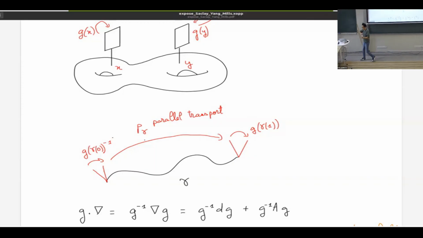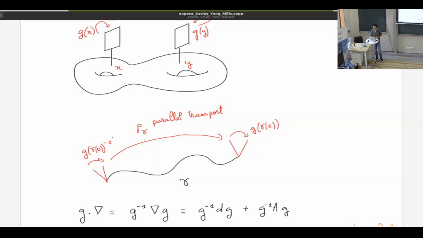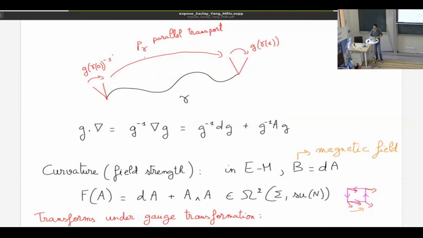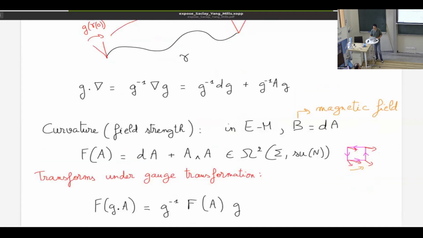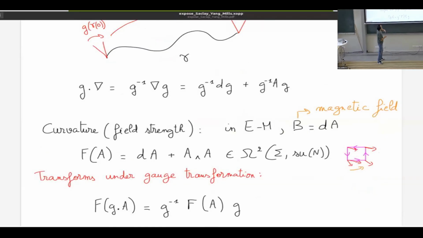So there is a certain group acting on the space of connections, reparametrizing the fibers. An important quantity that you can calculate given a connection, which is a kind of generalization of the magnetic field, is the so-called curvature of the connection.